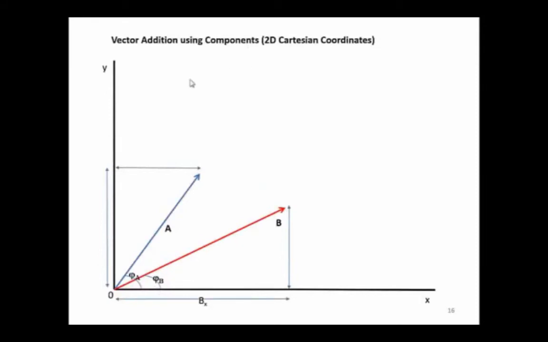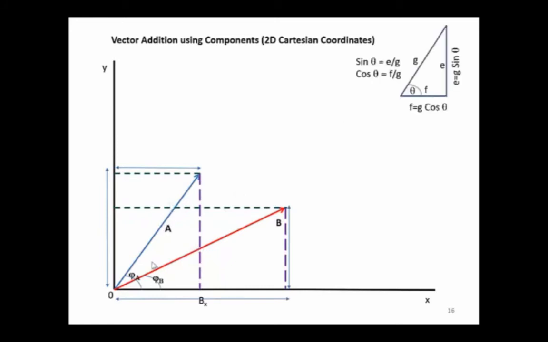The addition of vectors using components in 2D is very simple. You take the components of the two vectors, in this case A and B. The components will be defined in terms of the angles of the two vectors. So you have phi sub A, phi sub B, and you use the triangles that are defined by the vector and the components. And so you have the angles sine and cosine determined by the legs of the triangle and the hypotenuse.